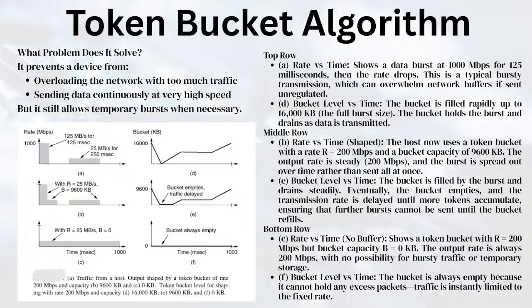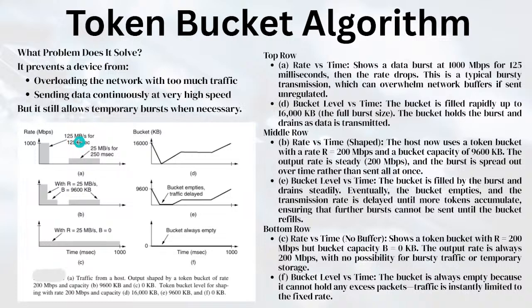It also stops data being sent continuously at very high speed, but still allows temporary bursts when necessary. In the topmost row, you can see a data burst at 1000 Mbps for 125 milliseconds.